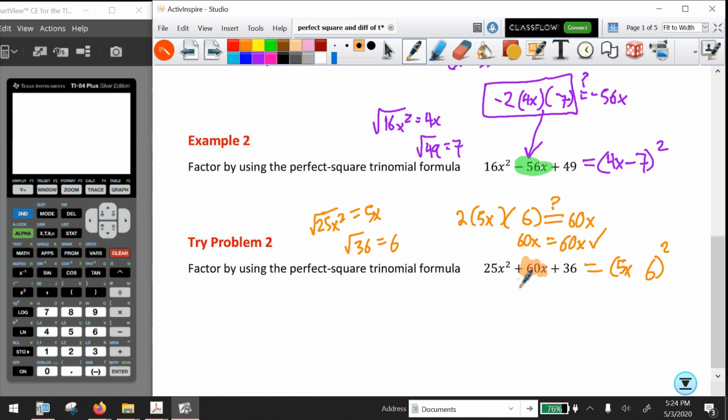And take whatever sign belongs to the middle term and put it in the middle of those two terms. All right, so 60x is positive, so I put a plus there. Done. So 25x squared plus 60x plus 36 is equal to the quantity 5x plus 6 squared.